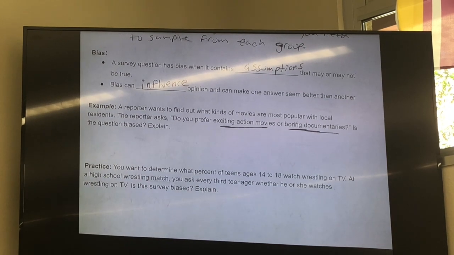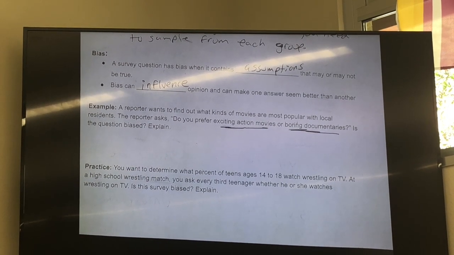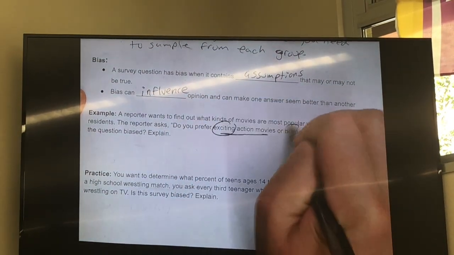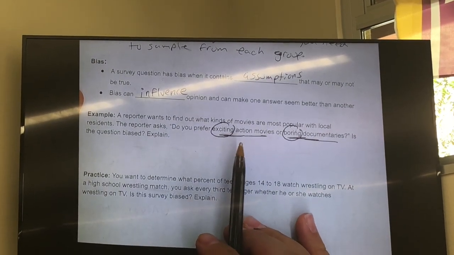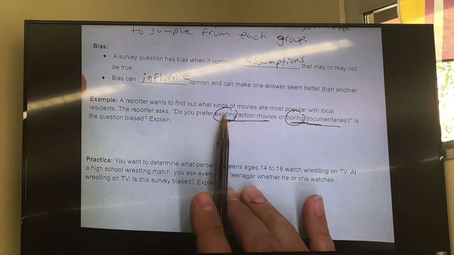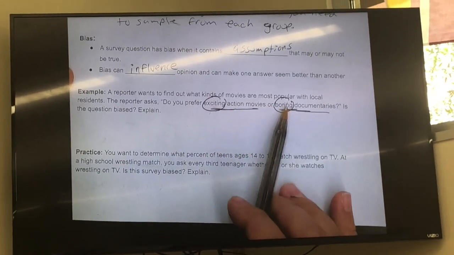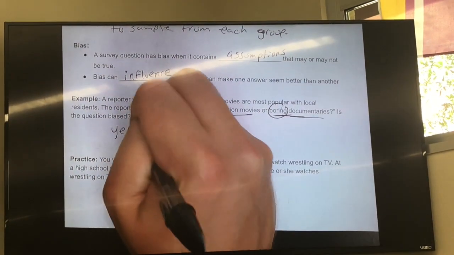Action movies are way more exciting than boring documentaries, but not all people feel that way. So, adding these keywords, exciting and boring, that's going to convince people of how they should be thinking about these things. So that is our bias with these fun words for action movies, boring for documentaries, okay? So yes, there is bias.